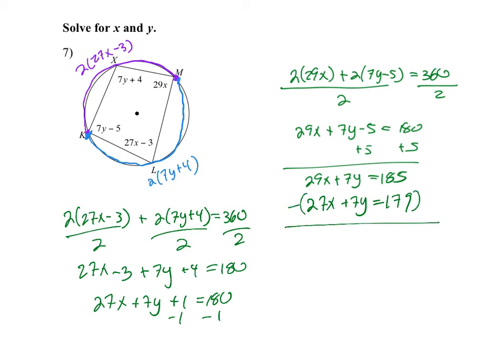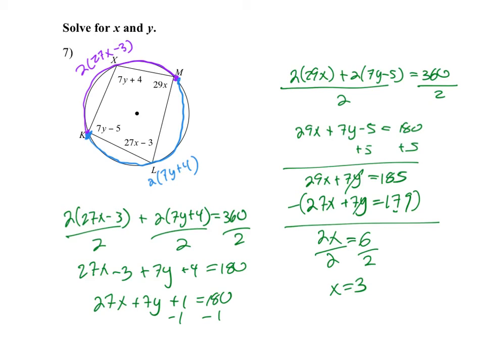So 29x minus 27x is 2x, 7y minus 7y cancel out, and 185 minus 179 equals 6, divided by 2. So x equals 3. Now I'm going to plug that 3 into either of those two equations.